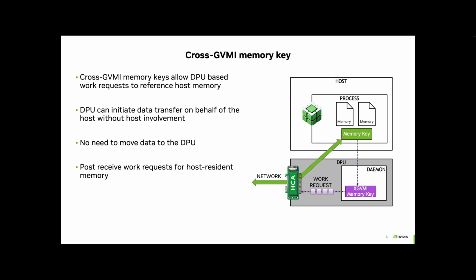For instance, we can create a cross-GVMI memory key on the host side, and then create an alias to this key on the DPU side. Then from the DPU side, we can post a work request referencing the host memory without needing the host involvement at all. The principal benefit is that we don't need to copy data from the host side to the DPU.